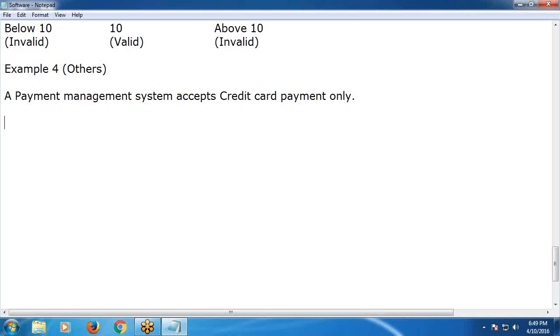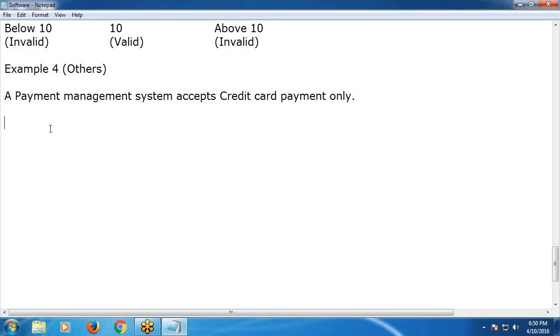Okay? Yes, sir. Actually, we need not take partitions. If a payment management system accepts credit cards only, then they provide only that option, and you check that option only. Just for understanding, I am writing these partitions.